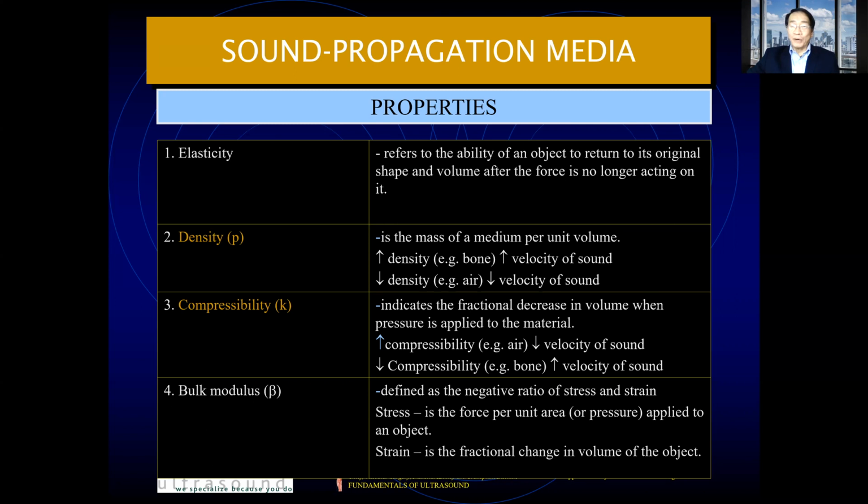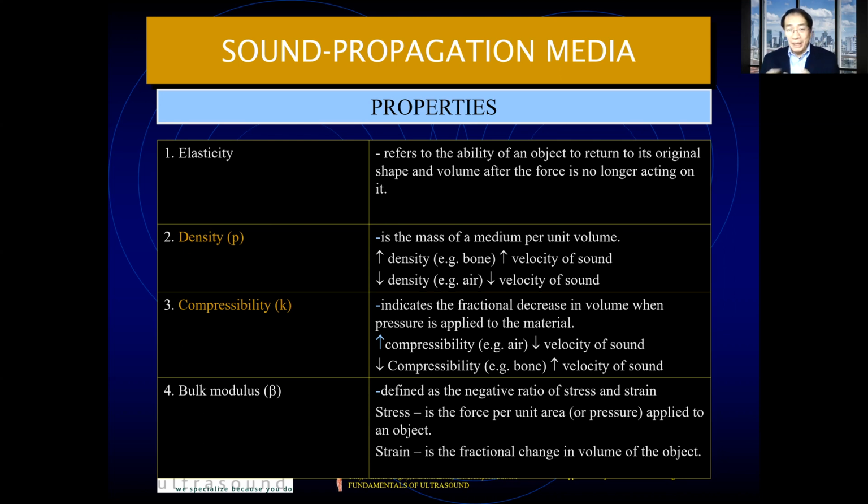Elasticity refers to the ability of an object to return to its original shape and volume after the force is no longer acting on it. The density of the medium is the mass of the medium per unit volume. The compressibility of the medium indicates the fractional decrease in volume when pressure is applied to the material.